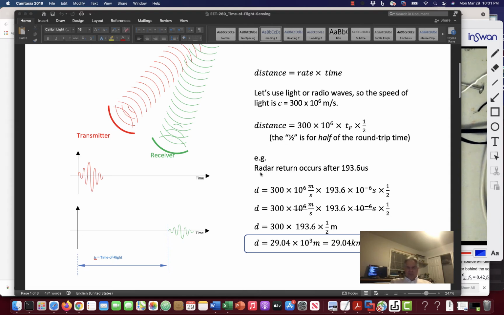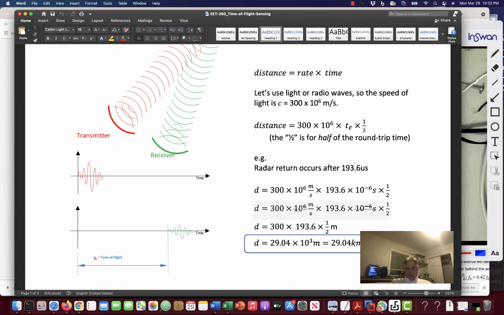For example, if our radar return occurs after 193.6 microseconds, we would think that the distance was the speed of light times 193.6 microseconds. Here's your 10 to the minus 6 seconds, microseconds, and of course this is 300 million meters per second, and we want half of that distance.